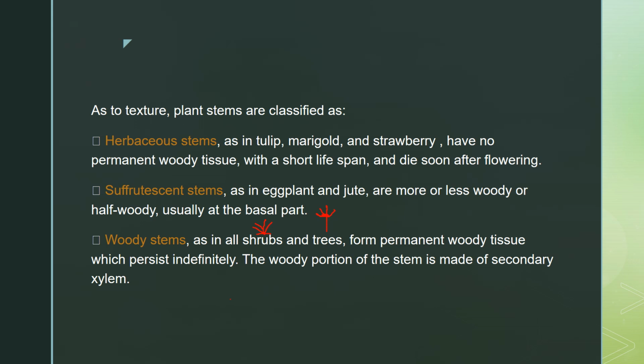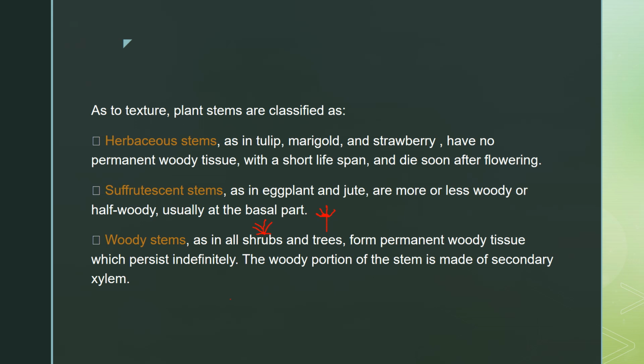It forms permanent woody tissue which persists indefinitely. So the lifespan of this tissue is permanent, not like the herbaceous stems.